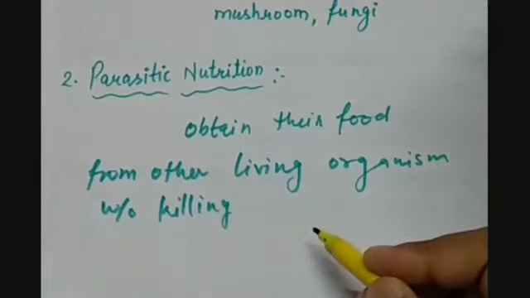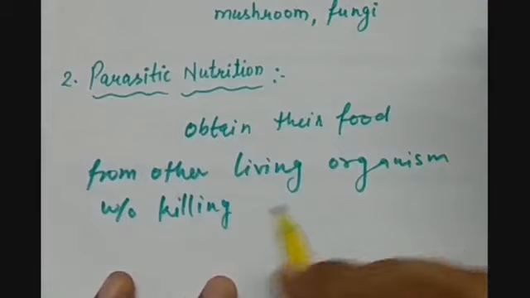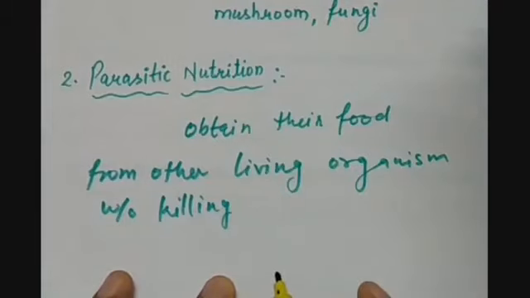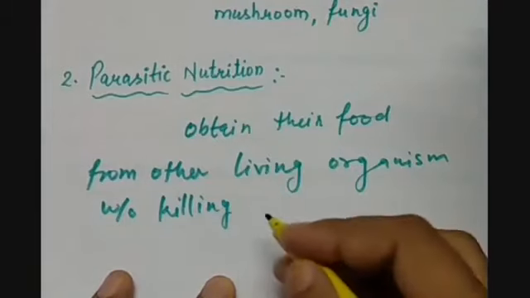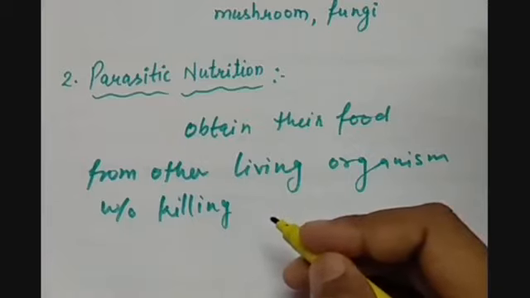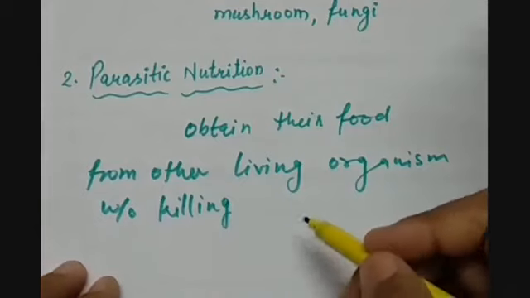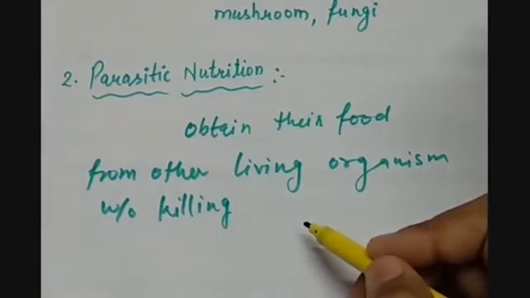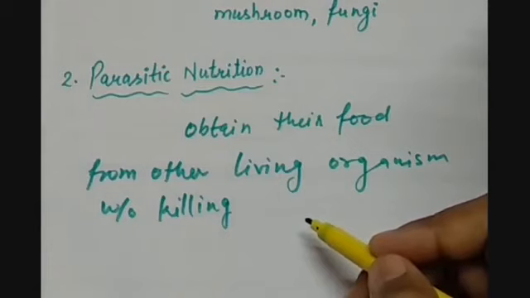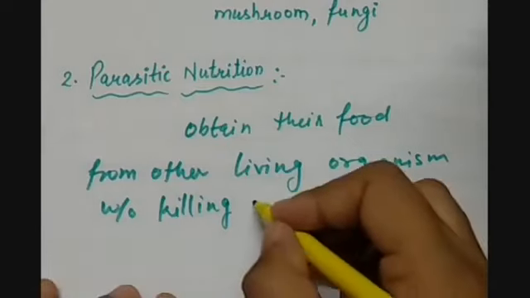This kind of organism does not kill the host organism, but absorbs the food from it. They are not able to digest food, so they are dependent on other living organisms. They absorb the nutrients from that living organism.